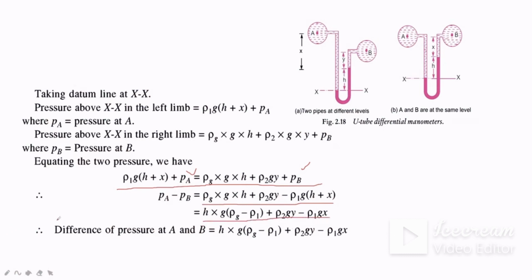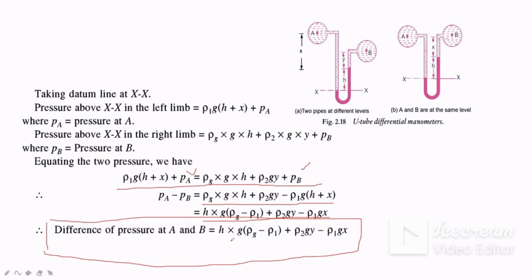Once it is all simplified, we get the difference of pressures. It is a differential manometer, right? The difference in pressure at A and B will be h into g, g is constant, into rho G, first rho G because it is the heavy liquid.